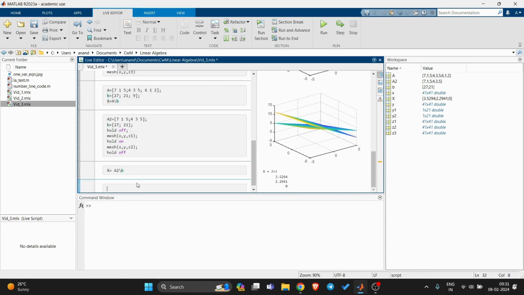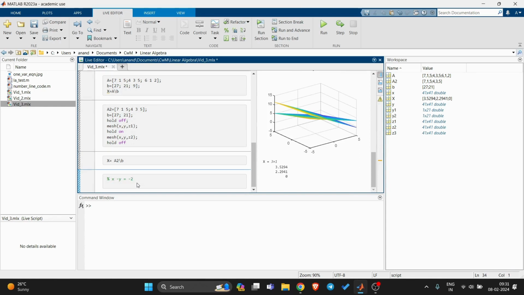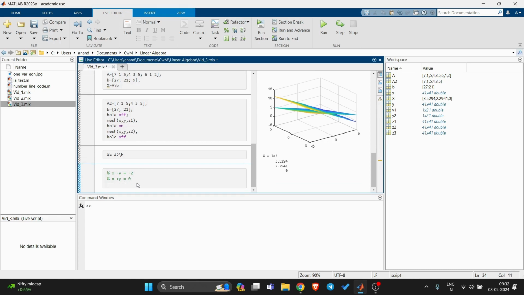So, if I have a system like x minus y is equal to minus 2, then x plus y is equal to 0, then x plus 2y is equal to 3.